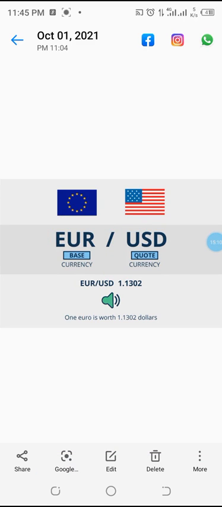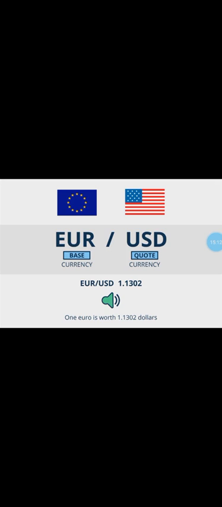So the first one is called the base. The second one is called the quote currency. So whenever they ask you which currency is the base, it is the first one. Which one is the quote? The last one.